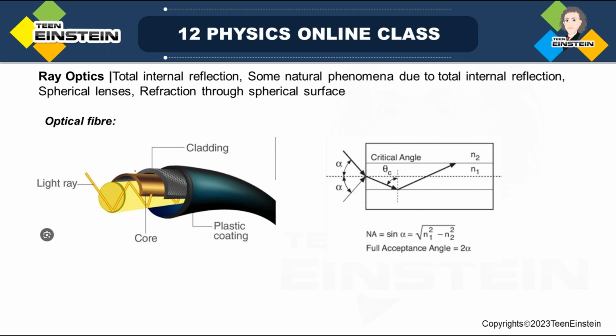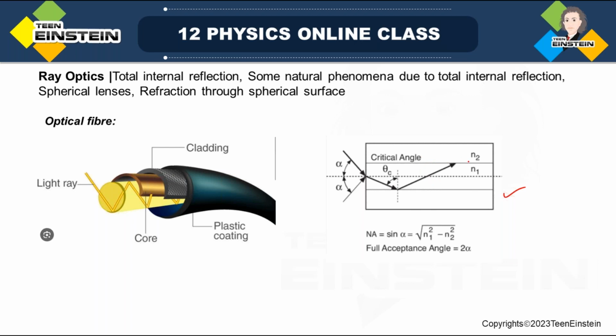The cylinder has two layers. But you will have two transparent layers in between. One is called cladding, another one is called core. If we take the cross section of this optical fiber, it will look like this.